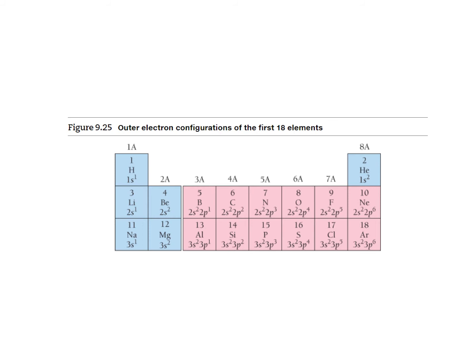As I told you, if you write the electron configuration and you have only one valence electron, you know your element is in group 1A. If you have 5 valence electrons, your element is in group 5A. By the same rationale, the reverse is correct too.